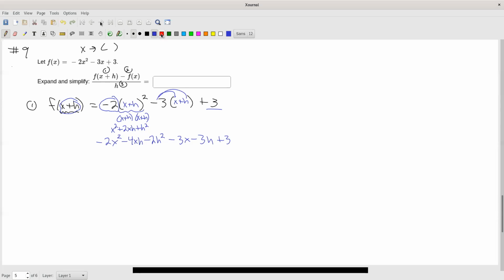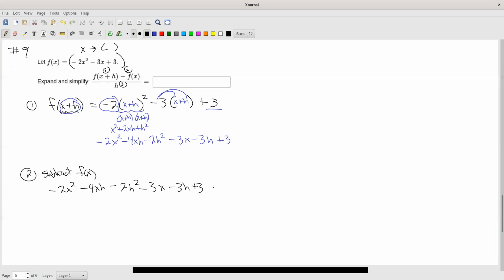Step 2, do the subtraction. Okay, so from that right there, I want to take away this original function. All right, so let's write it down. -2x squared minus 4xh minus 2h squared minus 3x minus 3h plus 3.